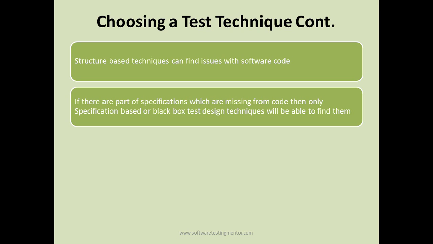This gap you are able to find only because of the black box or specification-based test design technique, because you had the specifications and the code that is delivered doesn't fulfill that specification.